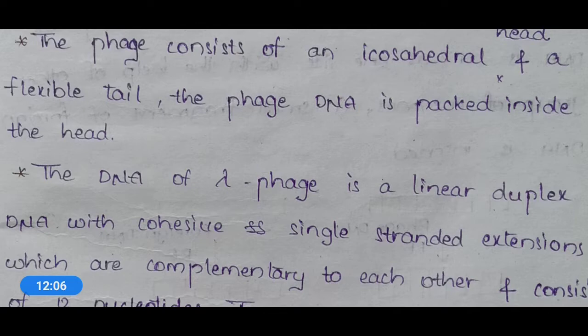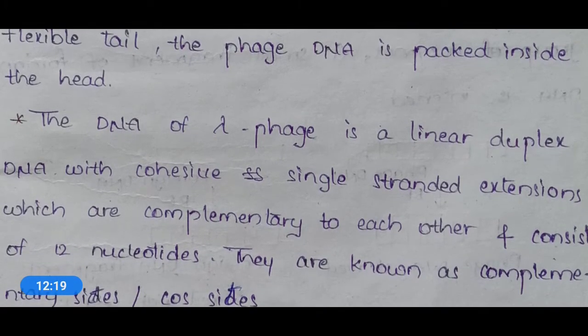When treated with restriction enzymes, these will produce cohesive ends, and these cohesive ends are single stranded extensions with complementary base pairing to each other, and this single stranded extension is around 12 nucleotides in length.